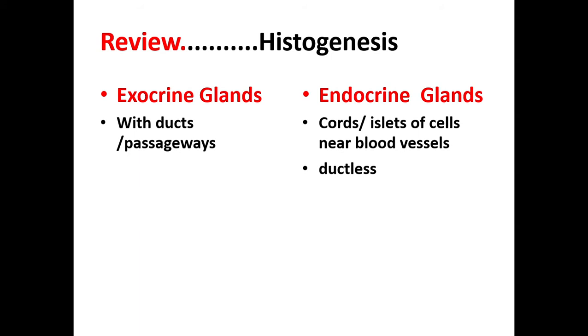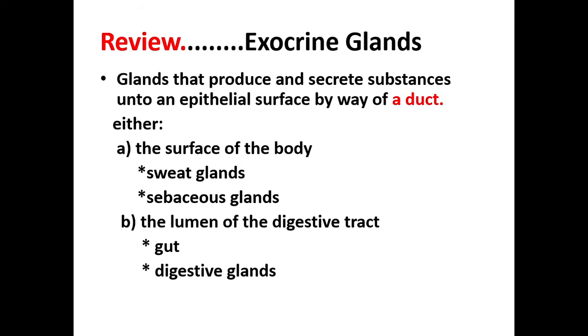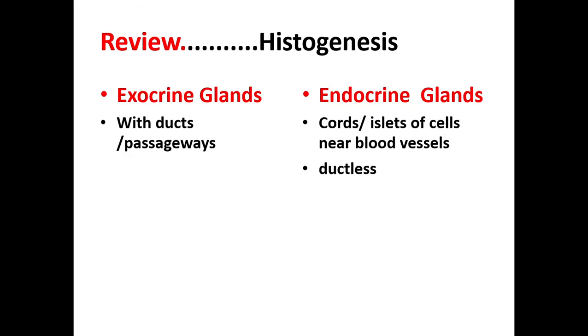So for the 2 types of glands that are formed, we have the exocrine glands and endocrine glands.